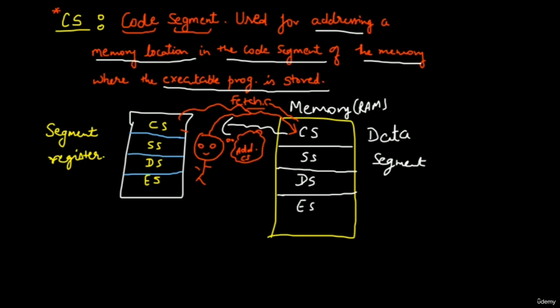We are studying the BIU, sure, but the real game is all about the execution. So the executable program's stored data which is required is getting fetched by the CS segment register. I hope you have got a clear idea of what the CS is.